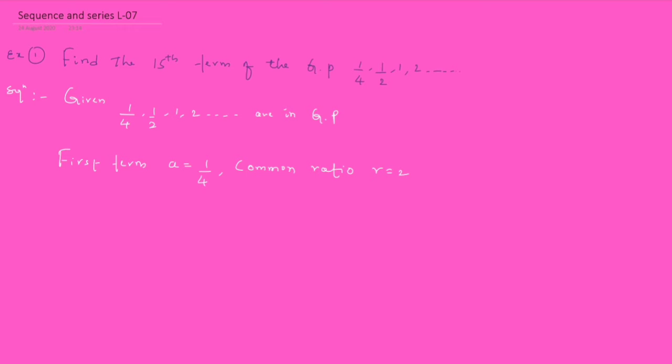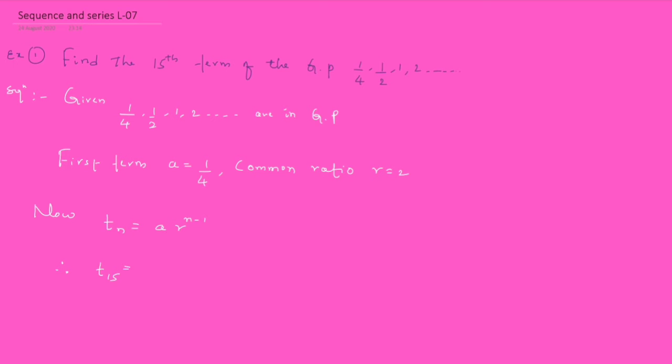Now the nth term formula is Tn equals a r to the power of n minus 1, right? Therefore, T15, we have to find the 15th term here.